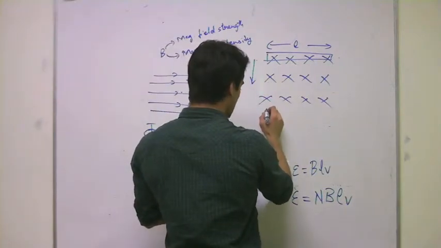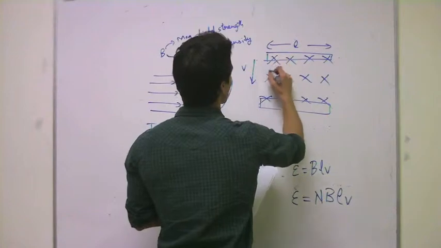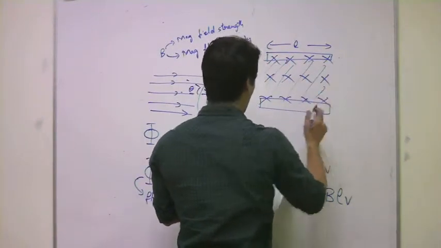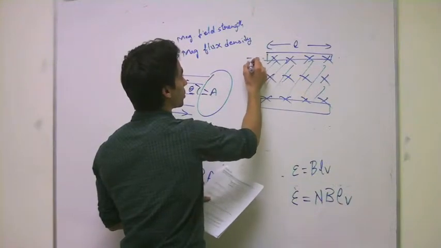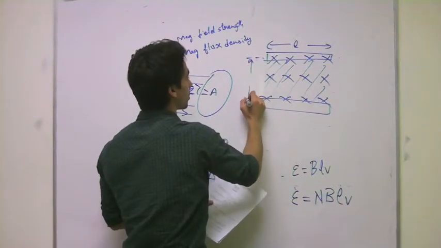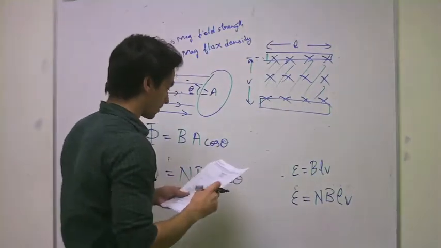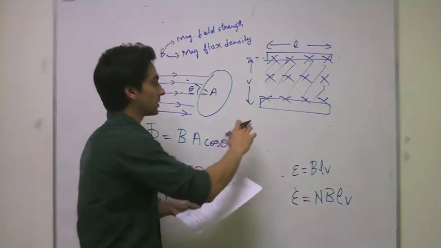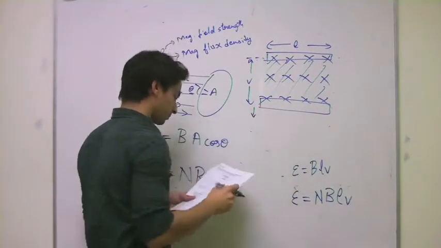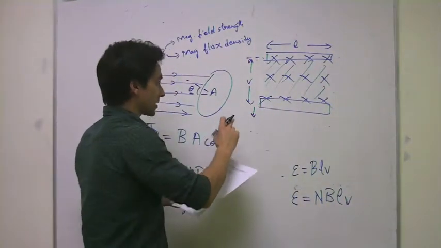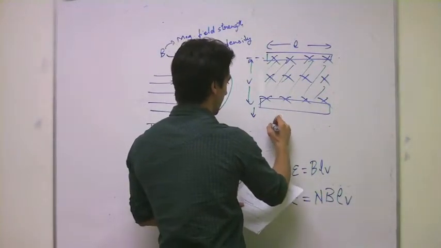So in 1 second, this conductor will sweep this much area, right? In 1 second, it's going to sweep an area which has length v, because it's moving at v meters per second. So this is the position of the wire 1 second later. It's moving in this direction. So now, since it has moved this much, the area swept by the wire is L times v.